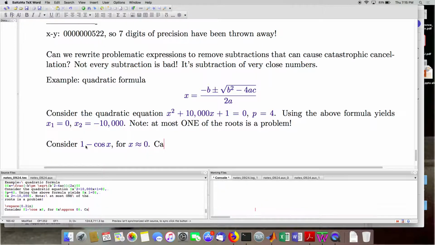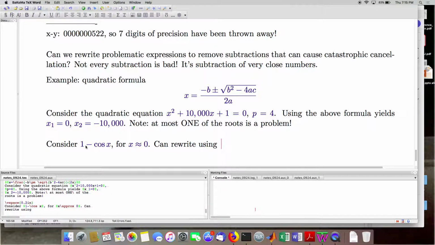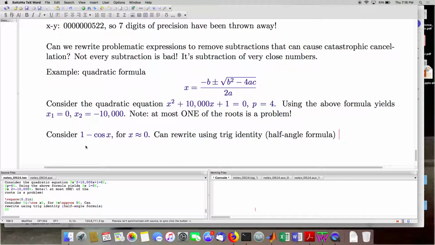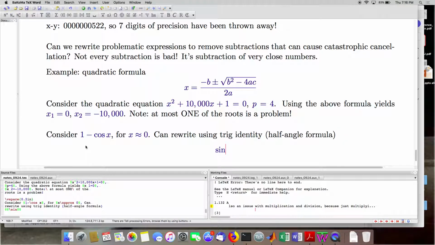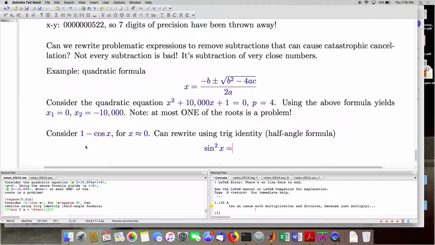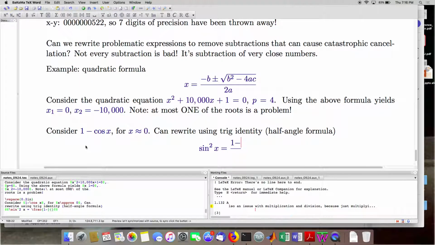So what we can do is rewrite using a trig identity, a half-angle formula, because we have this half-angle formula, that sine squared x is equal to 1 minus cosine 2x over 2.